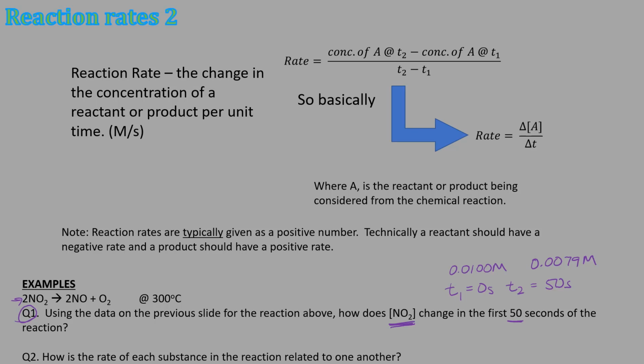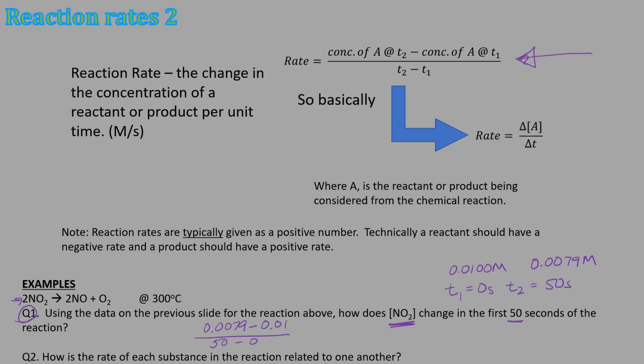So I'm going to use this equation up here, and I am going to plug in 0.0079 minus 0.01. Those are my molarities, so it's the change in molarity over the change in time, 50 minus 0. It doesn't matter what order you subtract them in. Remember slope. As long as it's the same on the top as it is on the bottom.